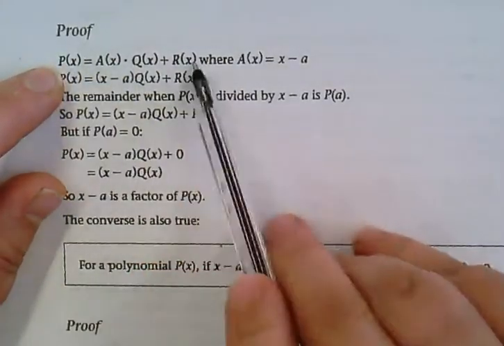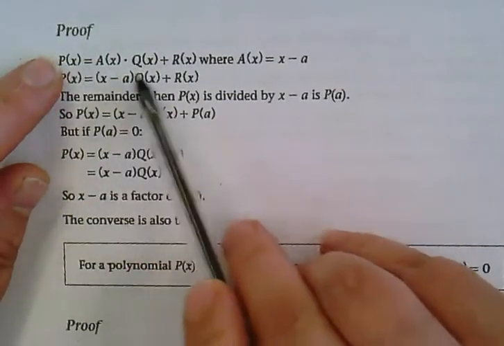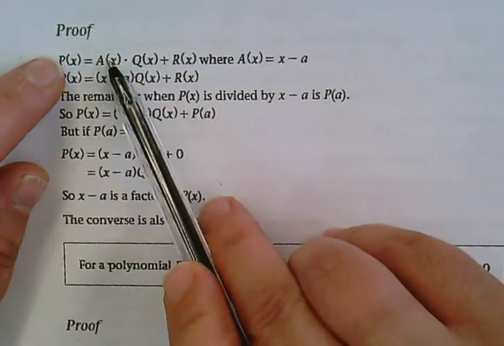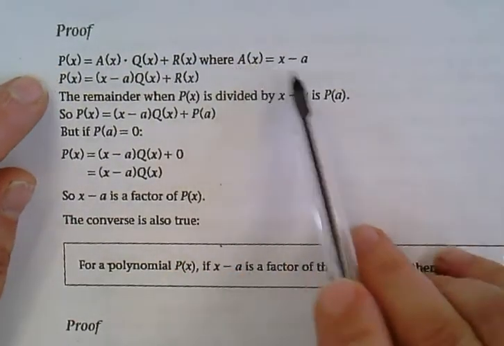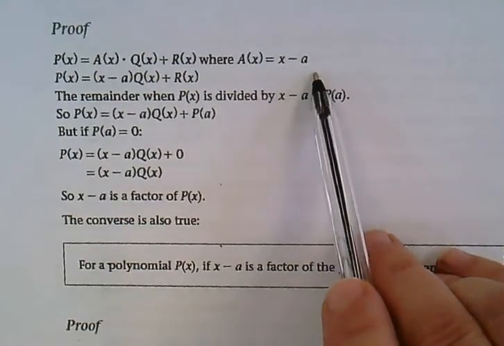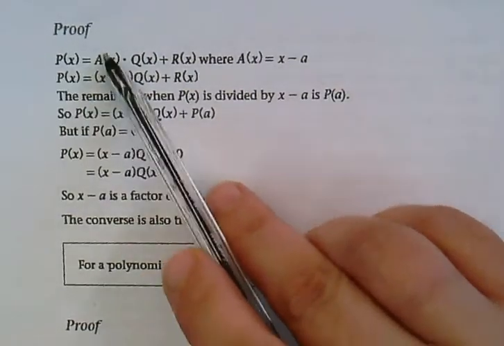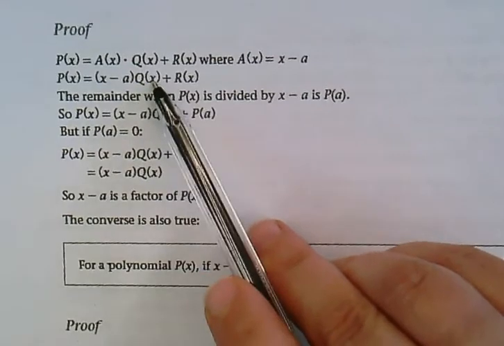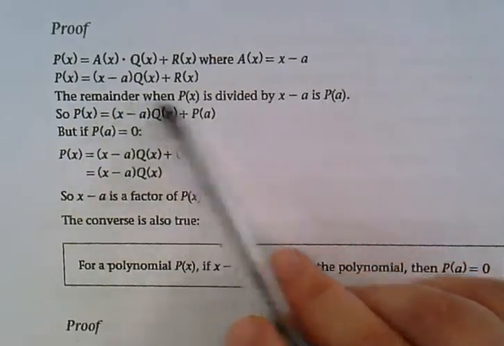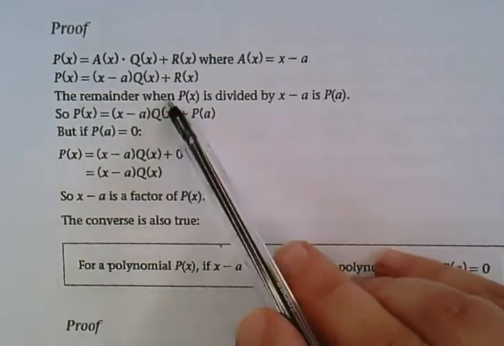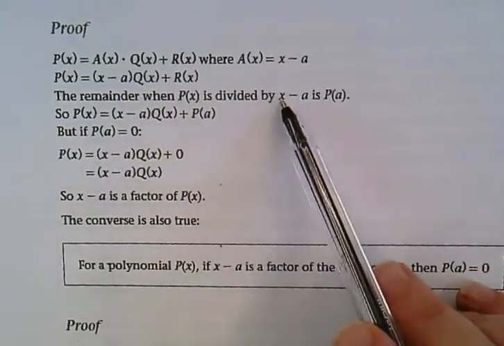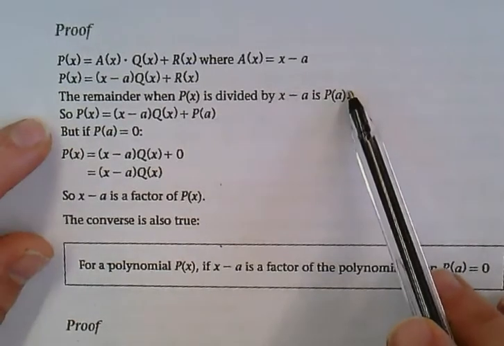This is our division transformation. Polynomial in x is what you're dividing by, times the quotient, plus the remainder, where the divisor is your factor, x minus a. So polynomial in x is x minus a times your quotient plus your remainder. Now, the remainder when p of x is divided by x minus a, we know is p of a.